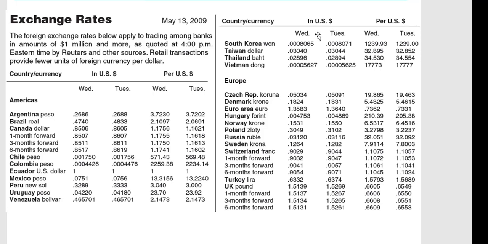These two columns are reported in US dollars that you need per unit of foreign currency. So we're talking about pounds. So it will report the number of dollars you need to buy 1 pound. And the last two columns report for the very same days the inverse of that quote. What is that?